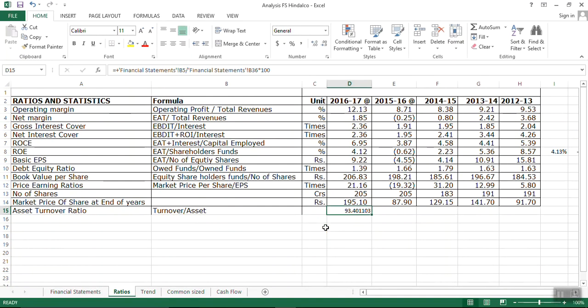In percentage form, my turnover is 93% of my assets. In ratio form, it is 0.93 times. So let's have a look at whether the situation is improving or getting worse for the company.